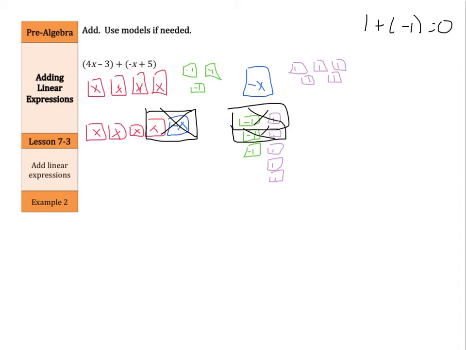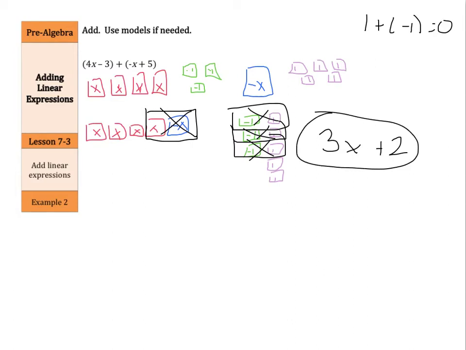Ultimately, we're left with 3 x's and 2 positive 1s, so 3x plus 2. That's our final answer here.